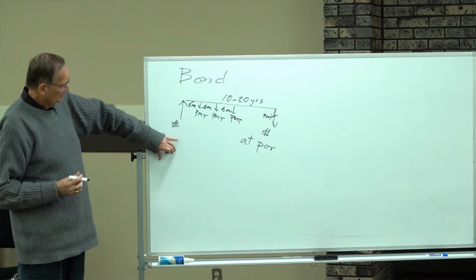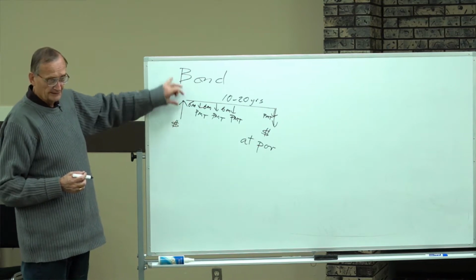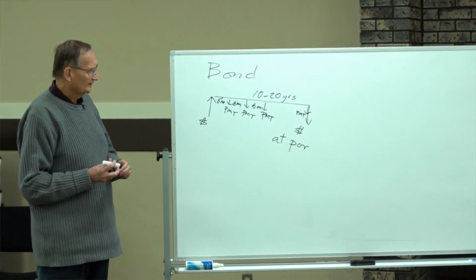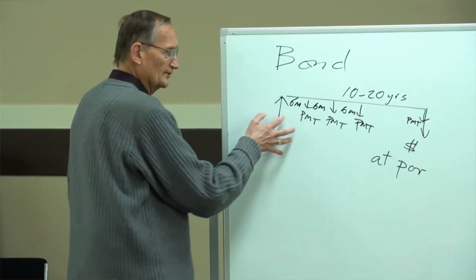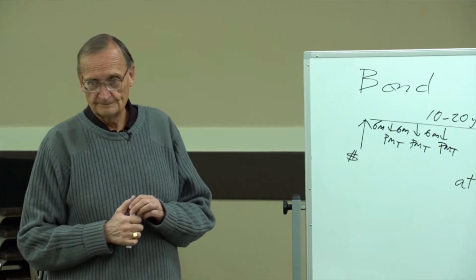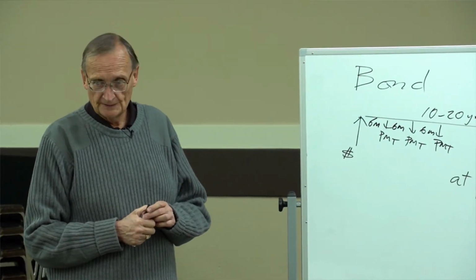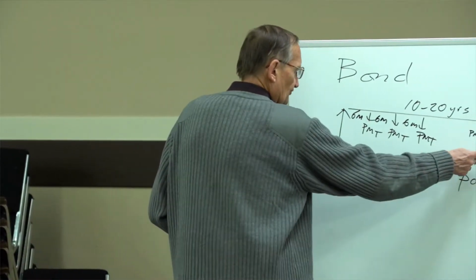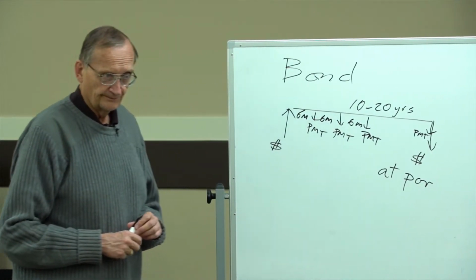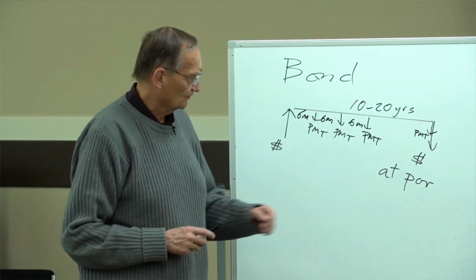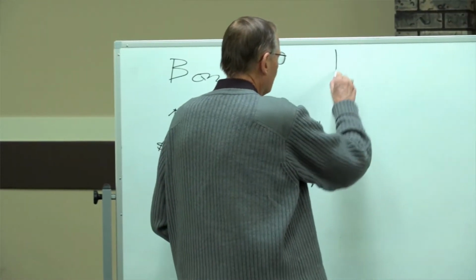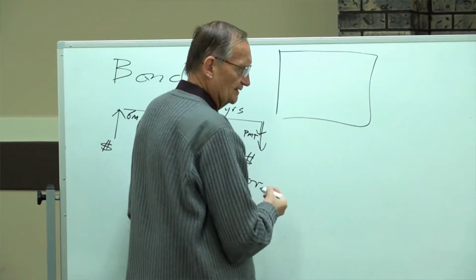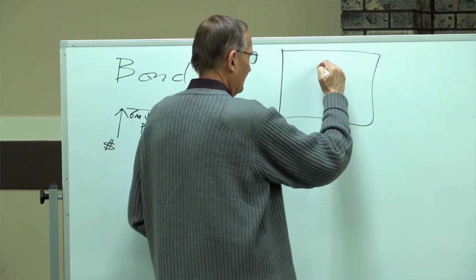So I put my money in here, I buy the bond. I get two types of return. I get a series of interest payments every 6 months, maybe for 20 years, and I get a payback on the principal over here. And if these two amounts are the same, it's called at par. Okay? Typically a bond comes, it's a piece of paper, and it has a face value on it.